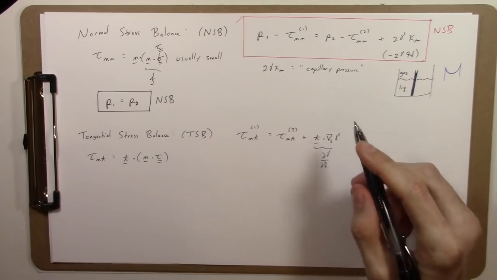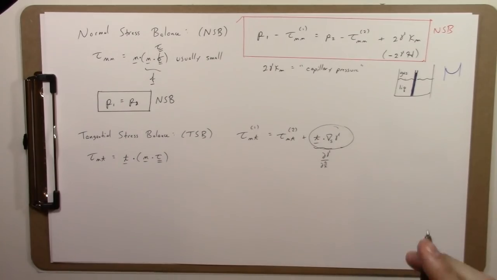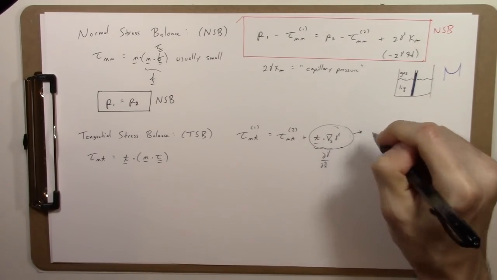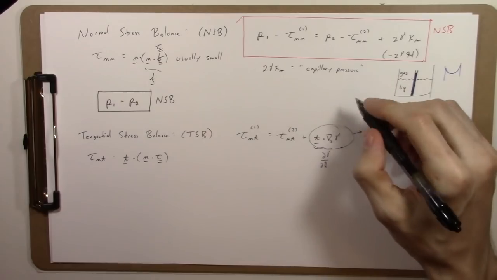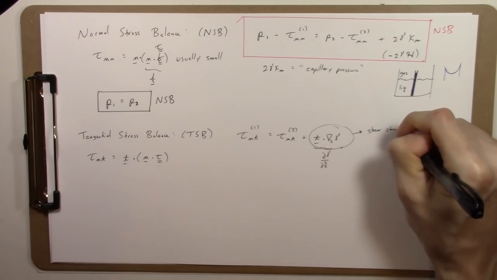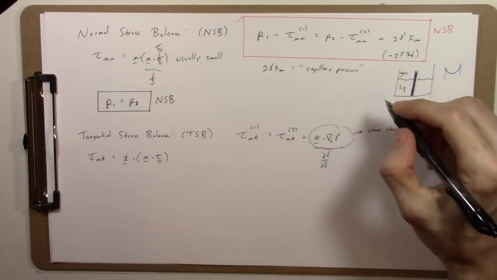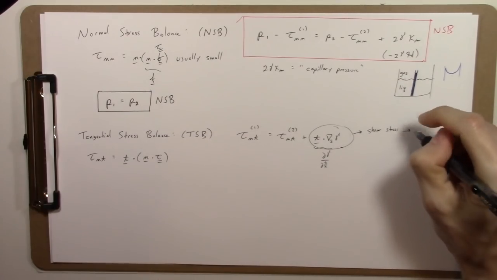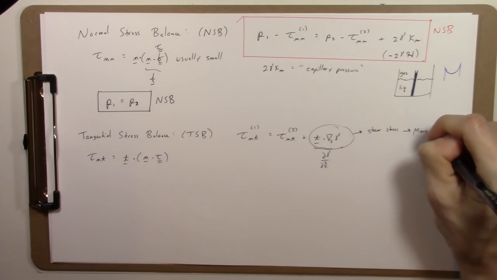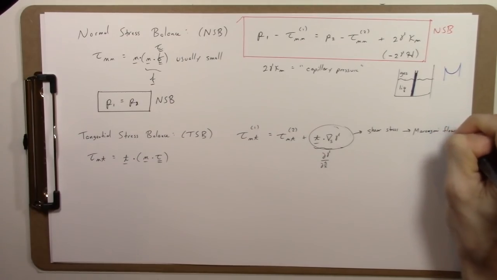Well, this term here, the variation of the interfacial tension along the interface, gives us a shear stress. It's a stress that's always parallel to or tangent to the interface, and it's due to what we call the Marangoni effect, or it results in a Marangoni flow.